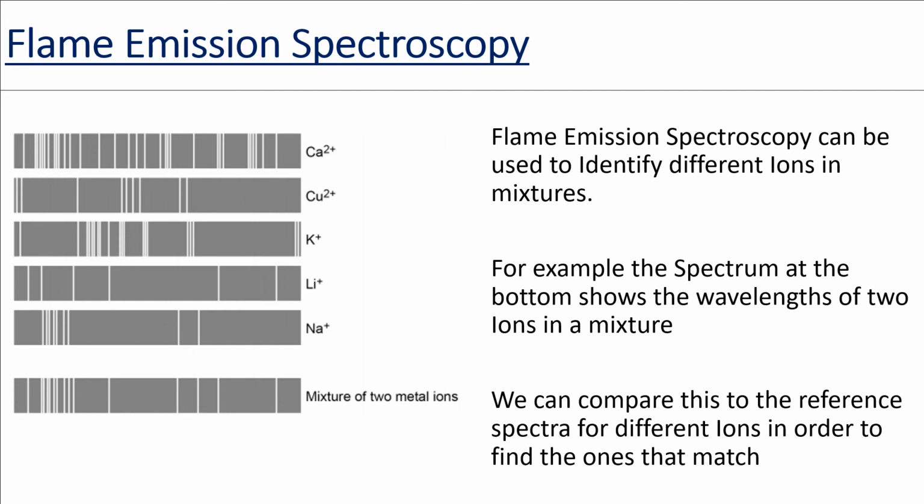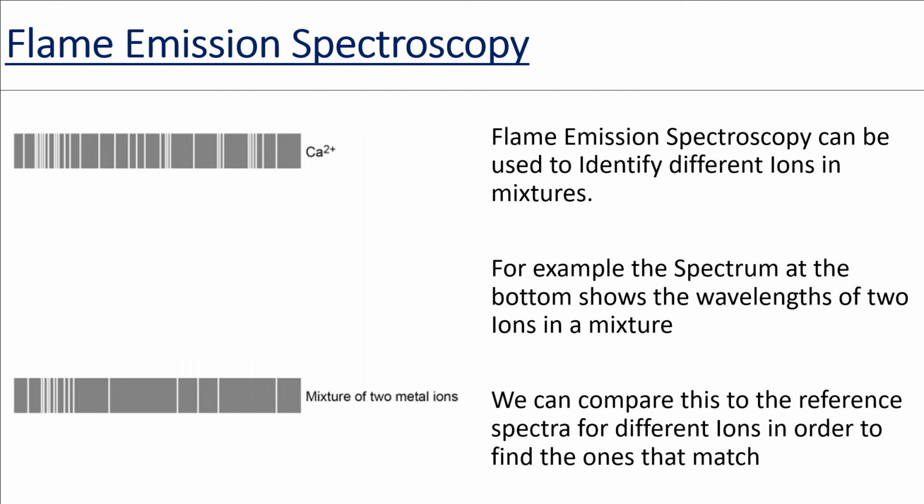A mixture has gone through flame emission spectroscopy and has produced this spectra of different wavelengths of light. And above it we have the known spectra for calcium 2+, copper 2+, potassium+, lithium+, and sodium+. All you've got to do is match them to see which ones are or are not in our mixture. So we're going to do this one by one.